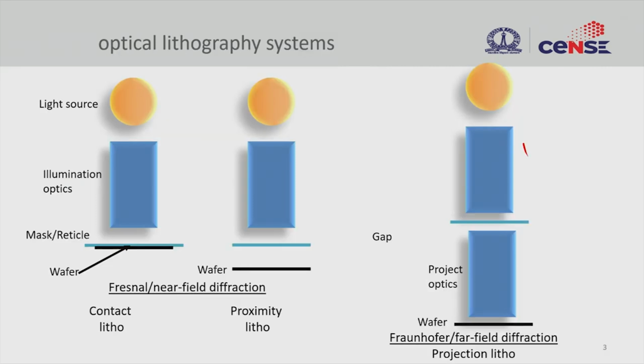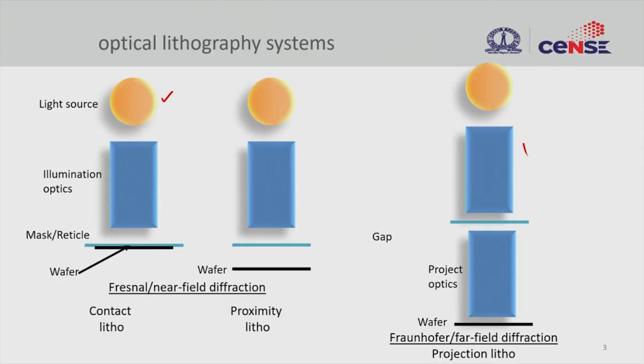So this is how an optical system works, much more technical. Now you have a light source that is located as the first element, and then there is an illuminating optics. So this illuminating optics uses multiple lens systems, right? So the multiple lens systems allow you to profile the optical light source that is coming, and then you have a uniform light falling onto the mask, which is in contact with the wafer.